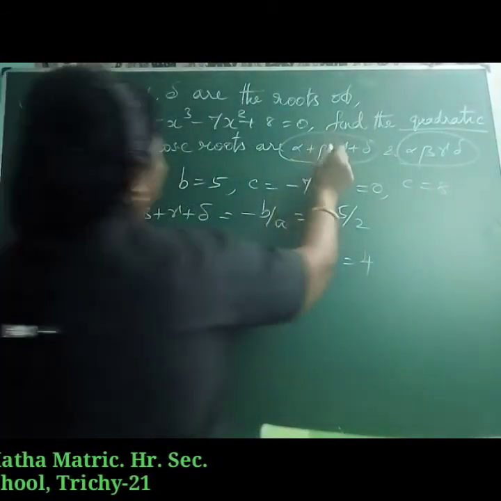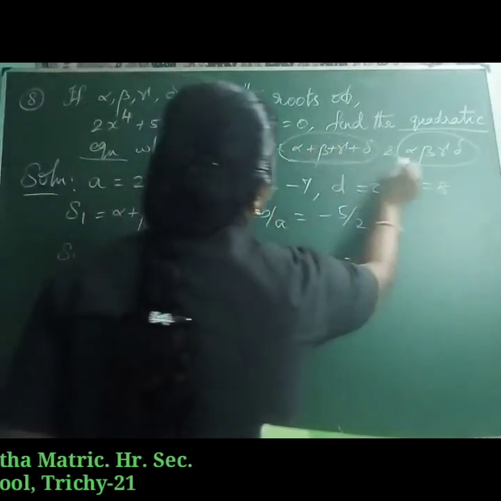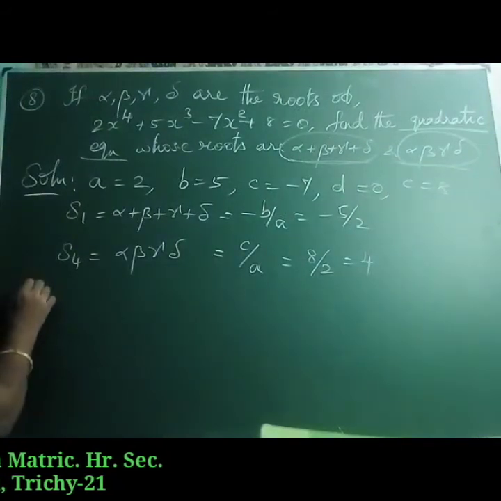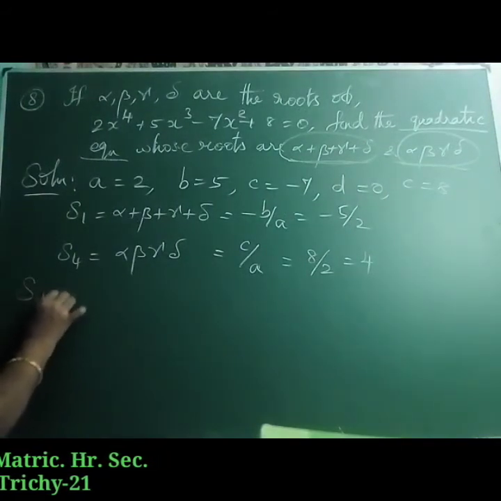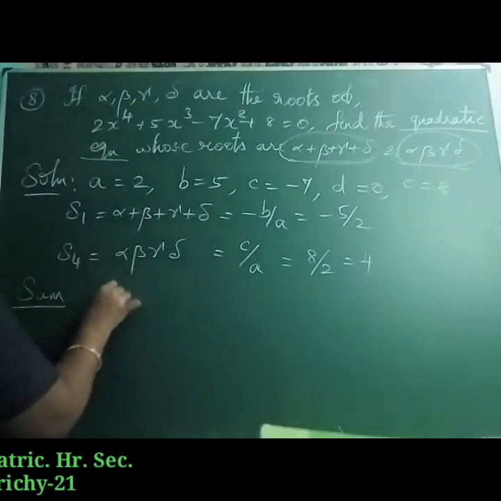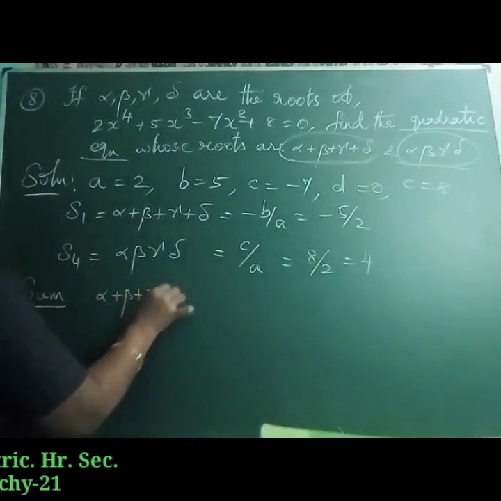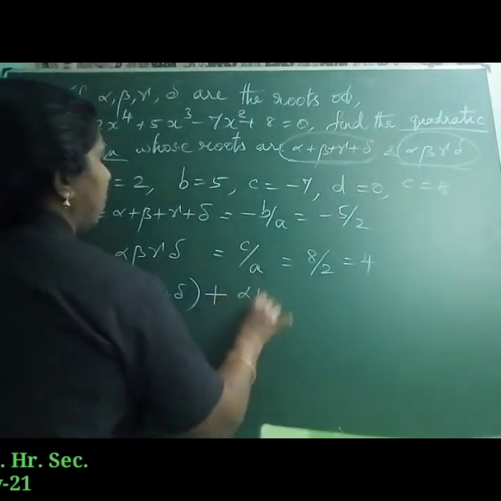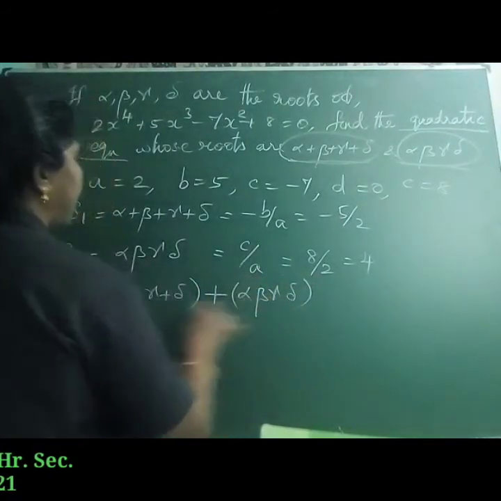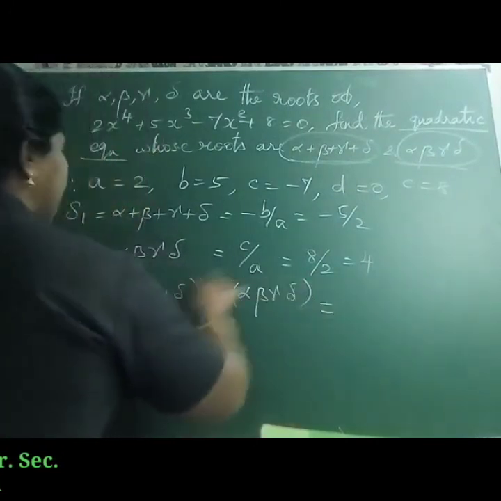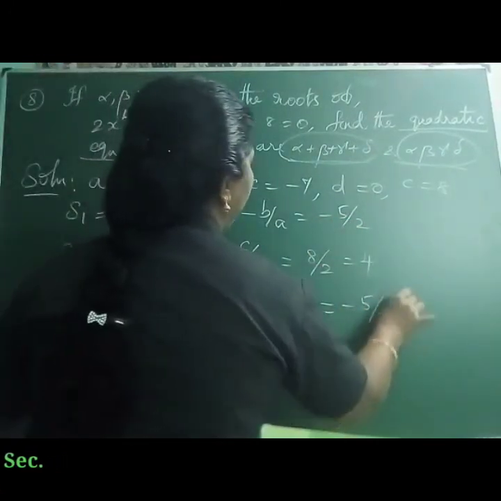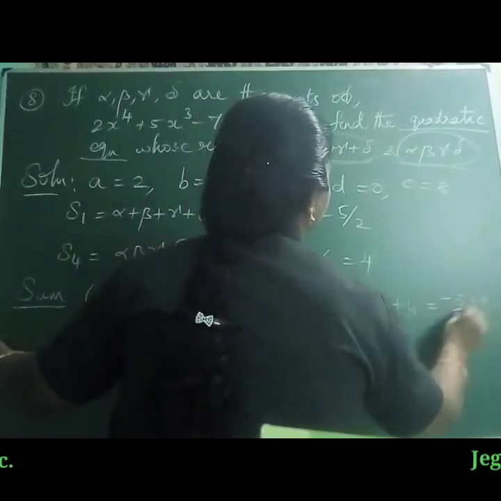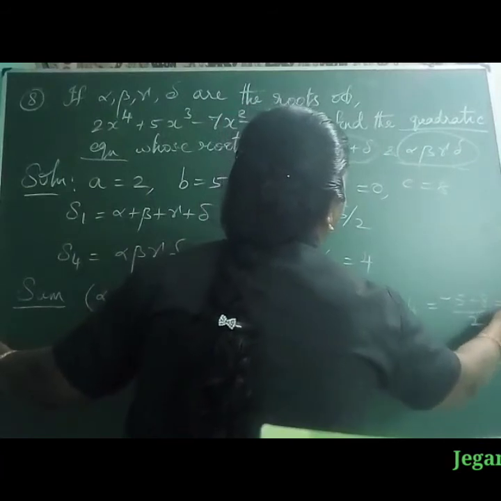Now we want to find out the sum of these two roots and the product of the roots. Therefore, sum of the given roots: alpha plus beta plus gamma plus delta as a single root, plus another one root, alpha, beta, gamma, delta. Sum of the roots: minus 5 by 2 plus 4, that is minus 5 plus 8 by 2, that is 3 by 2.